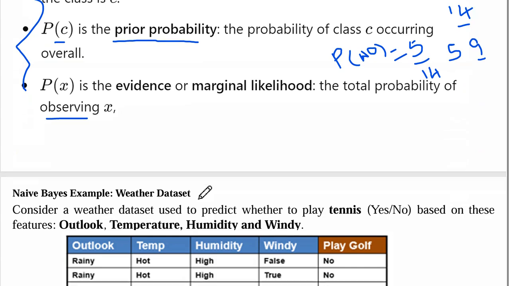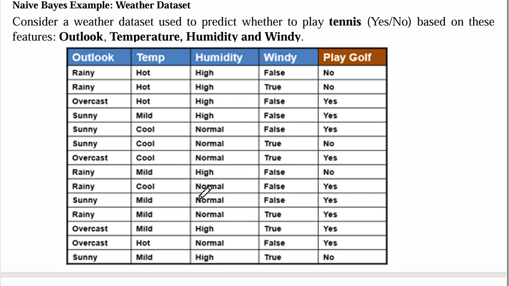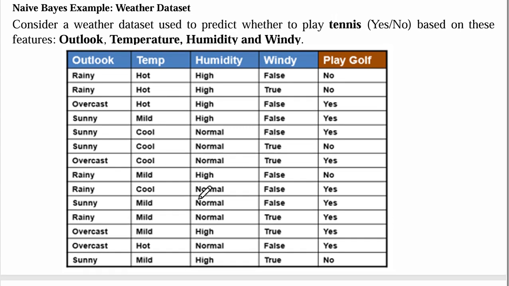Now we will discuss how naive Bayes works and how we predict the class of a given test instance. To find the class of the given test instance, here I am choosing a weather dataset.